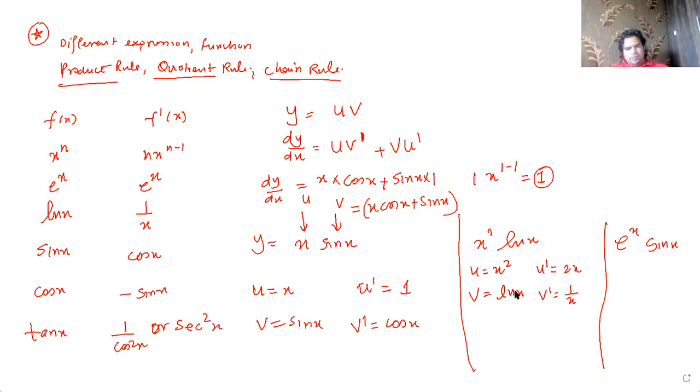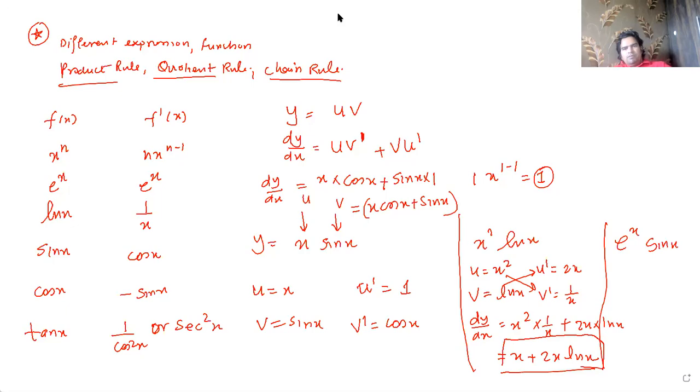Now dy by dx will be uv dash, which is x squared times 1 over x, plus vu dash, just like uv dash plus vu dash, which is ln x times 2x. So it becomes x plus 2x ln x. That's your derivative for this particular function.